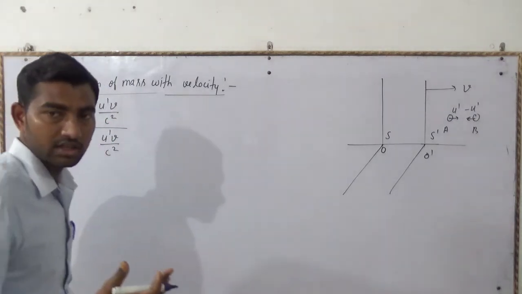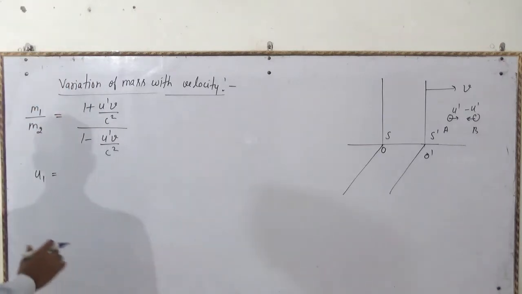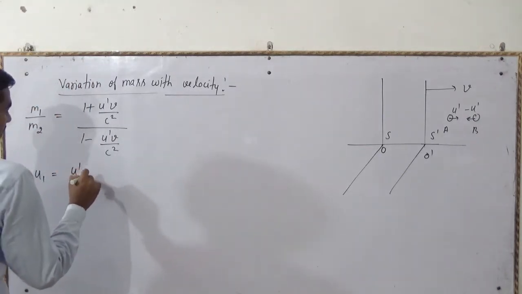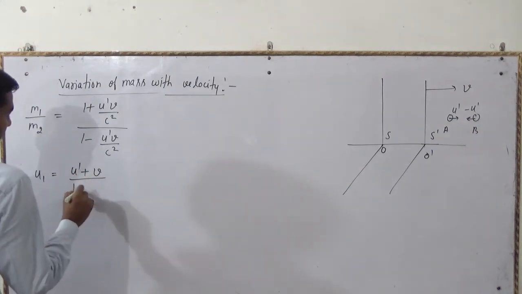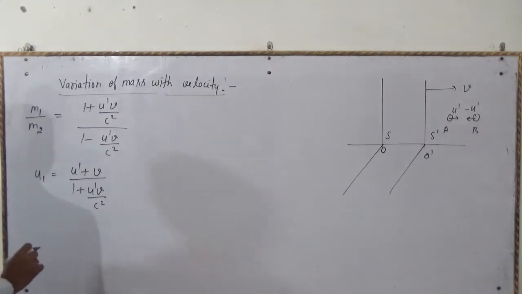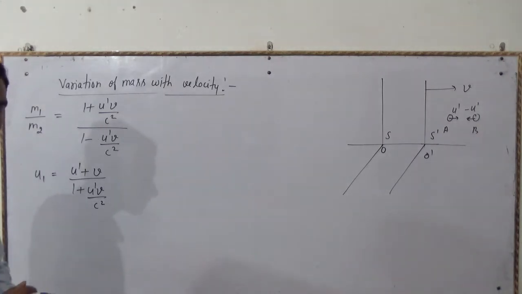So we found u1 is equal to u dash plus v upon 1 plus u dash v by c square.